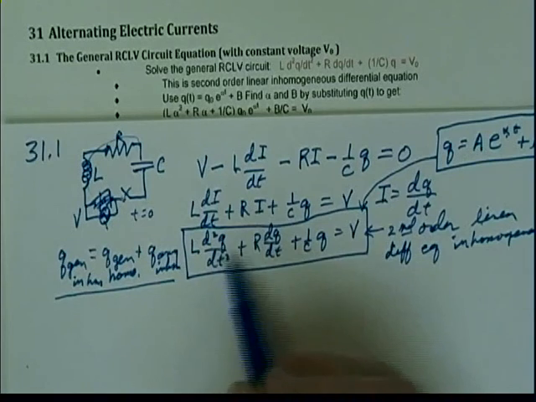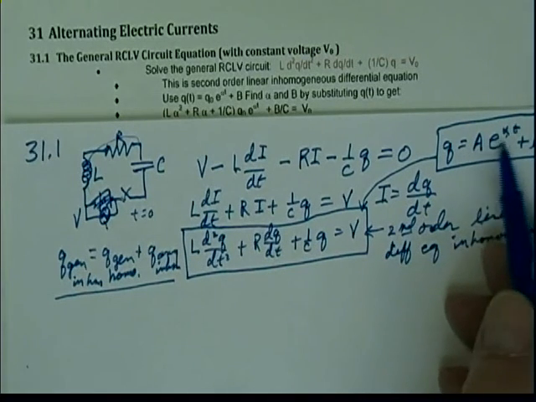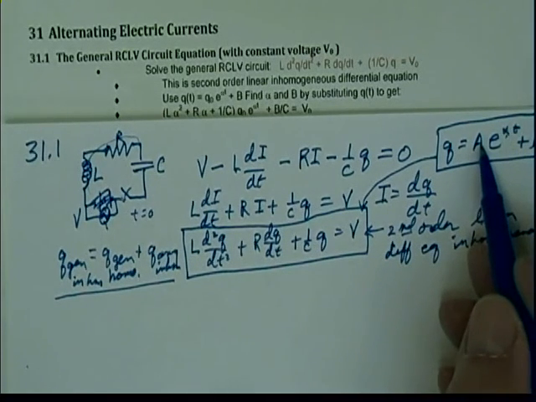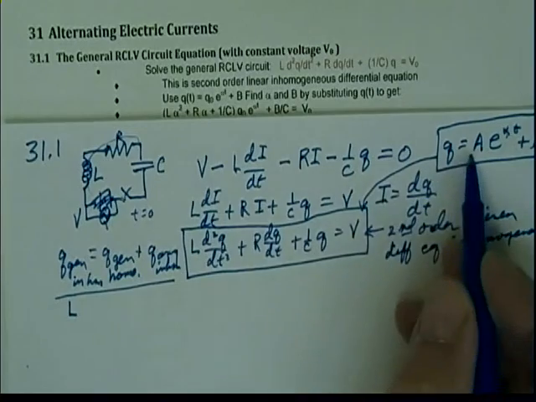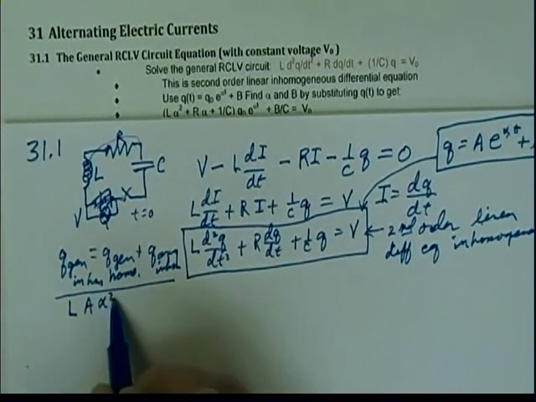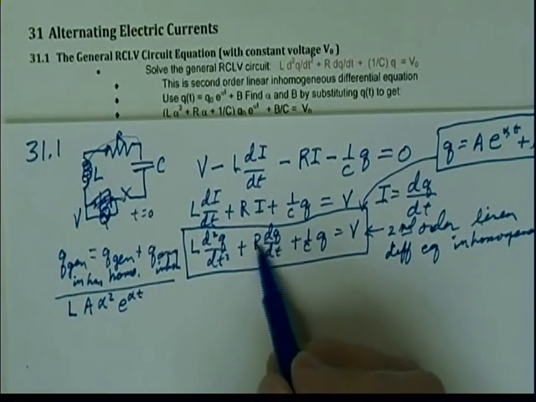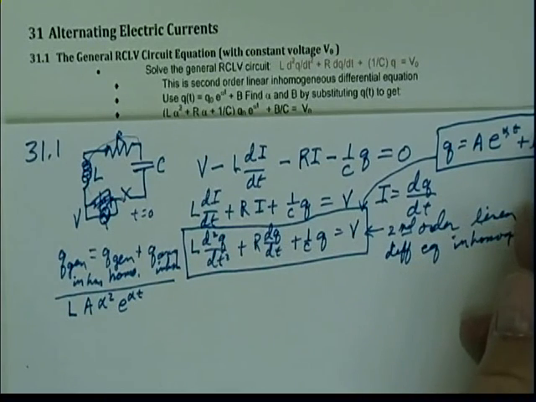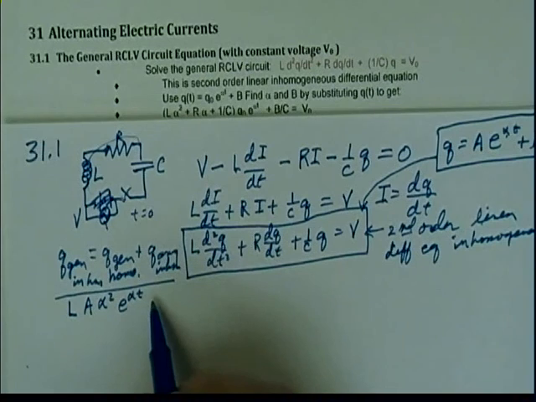When we plug this in, we're going to take its second derivative. The derivative of B is 0, so we only have a derivative of this first term. First derivative brings alpha down, second derivative brings alpha down again, so we end up with L times A alpha squared e to the alpha t. Here we're bringing the first derivative, so B doesn't appear, but alpha is brought down one time when we take the derivative of the exponential.